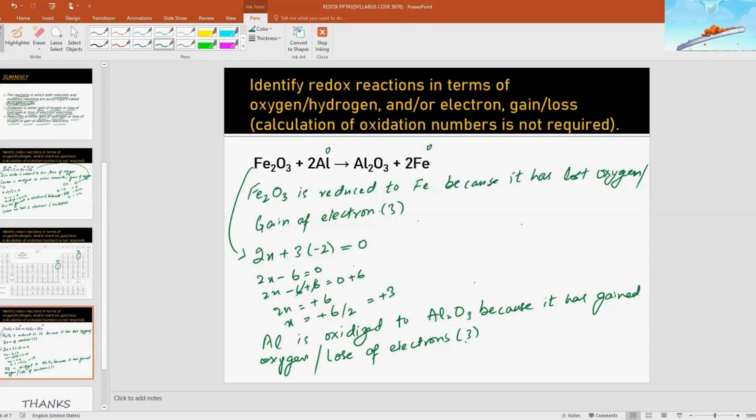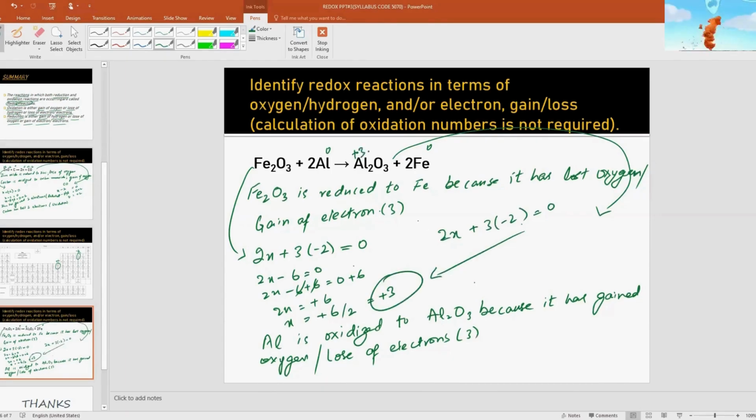We'll work out the charge on Al. You will get 2x plus 3 atoms of oxygen. The same way you will do this, and in the end you will get the charge on Al.